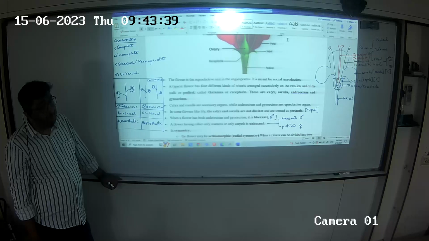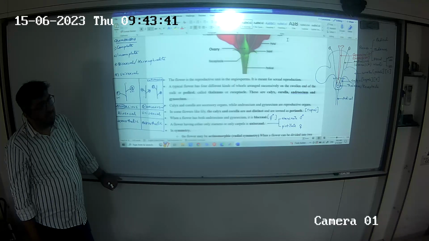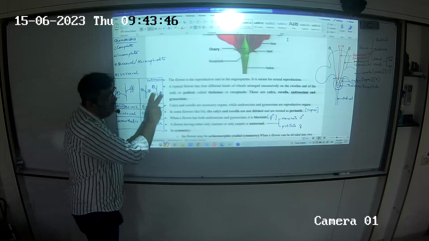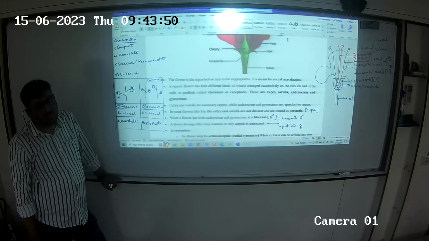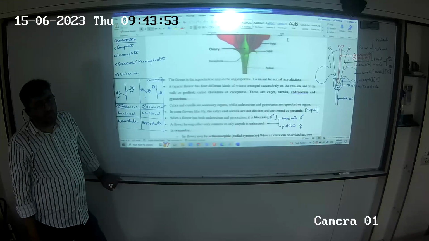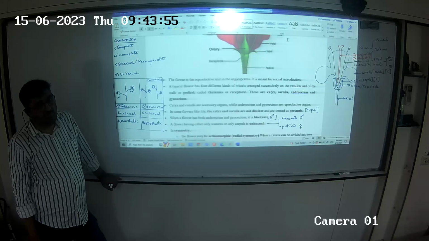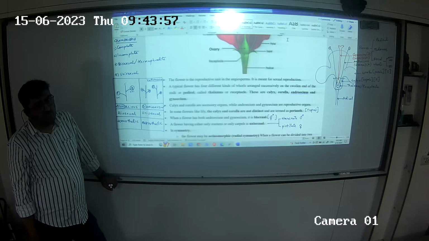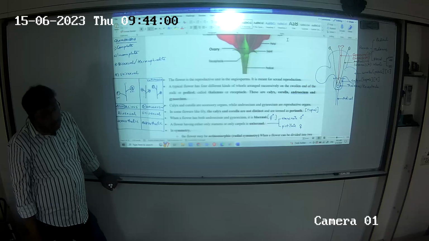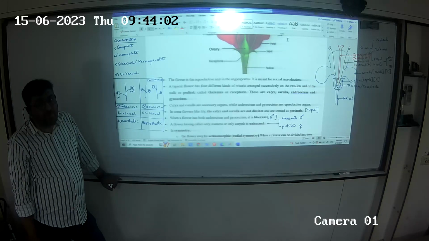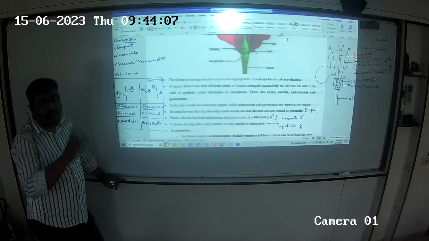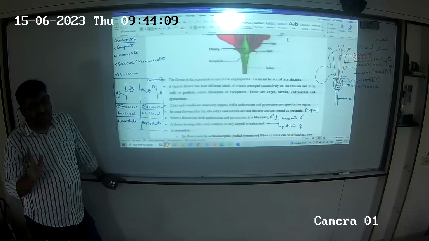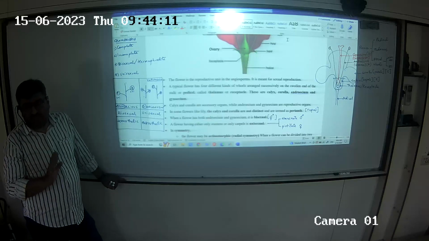When we say dioecious, does that mean it is the same plant, just on different branches? No. Two separate plants. This is a bisexual plant, monoecious. This means that whether the plant is monoecious or dioecious, the flower will be unisexual. The flower is compulsorily unisexual.